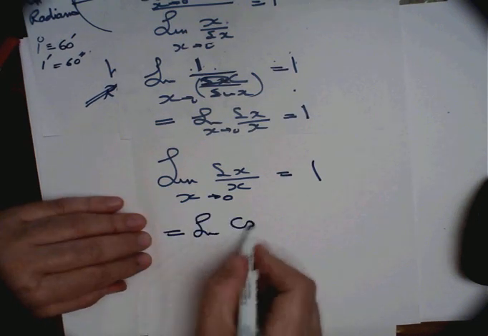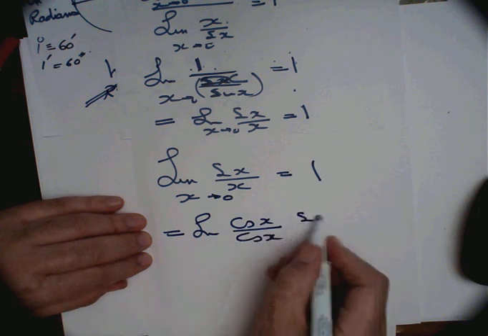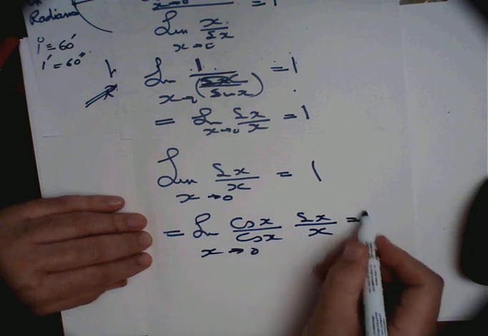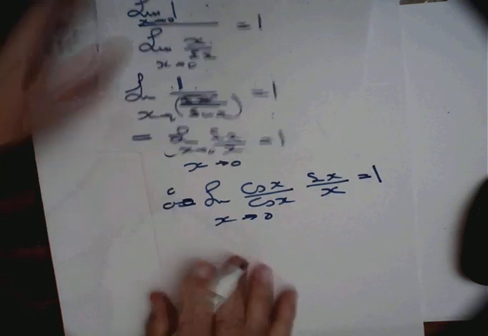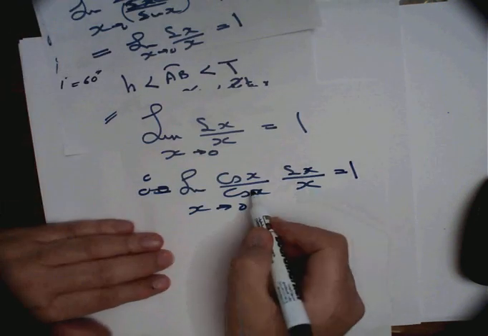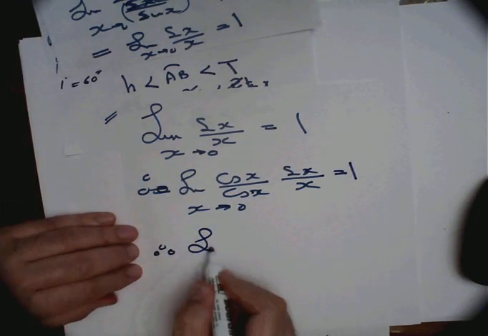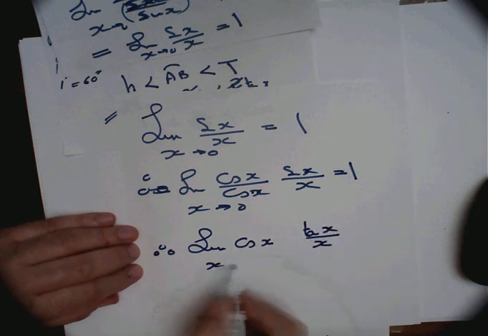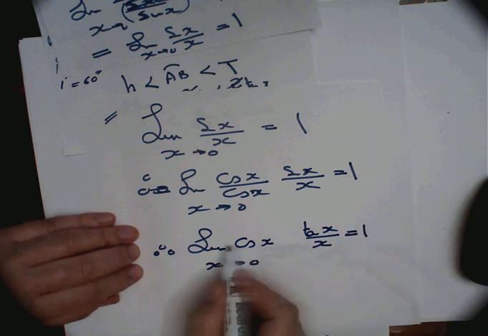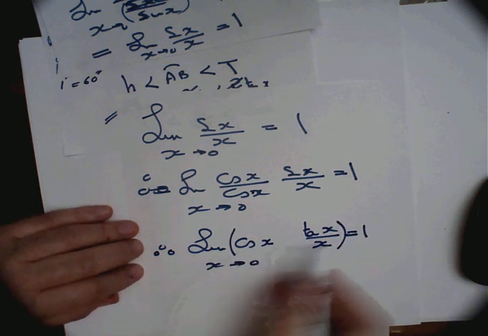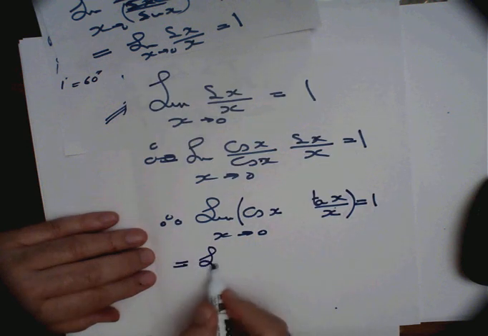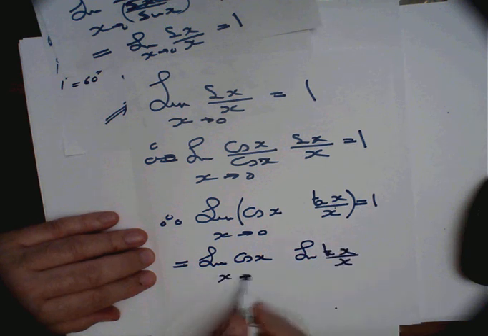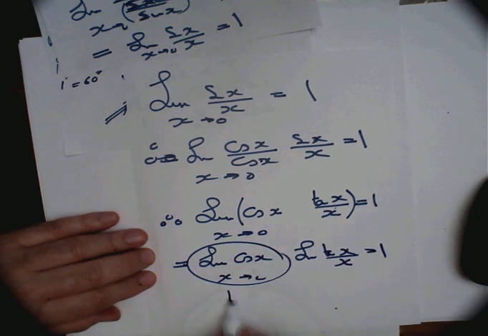Multiply by 1 over cosine x: the limit of 1 over cosine x times sin x over x as x approaches 0 equals 1. So this with this is tan x. The limit of 1 over cosine x times sin x over x is tan x over x. The limit of f times g is the limit of f times the limit of g, as x approaches 0.